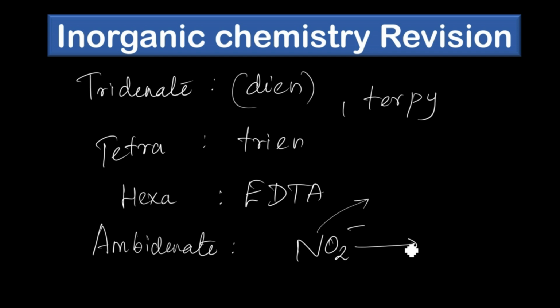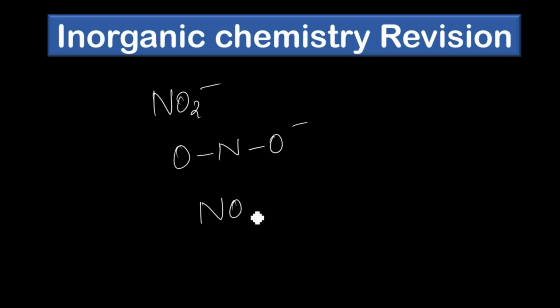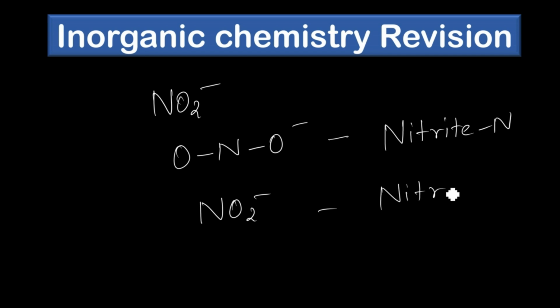If oxygen is donating to the central metal atom, the donation will be written like this. If nitrogen is donating, then it will be written as NO2. How we differentiate it by name: we mention nitrito-N, and this is nitrito-O. Through that you will know.